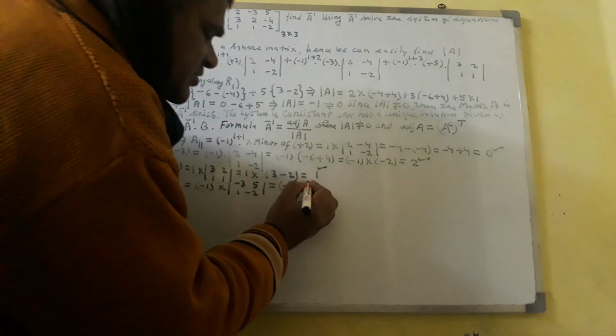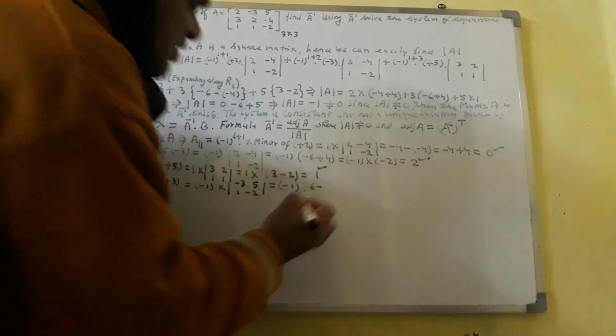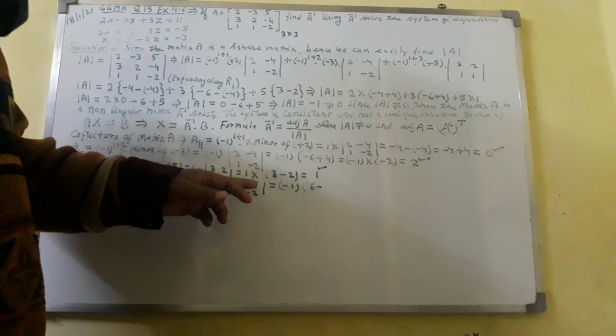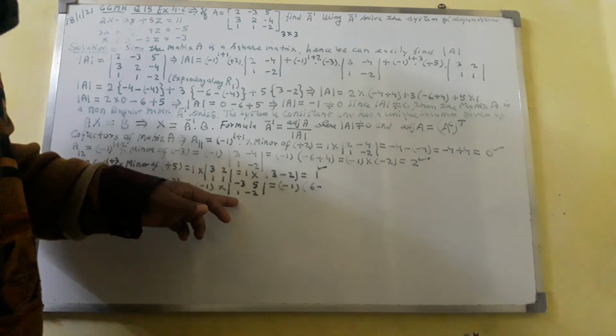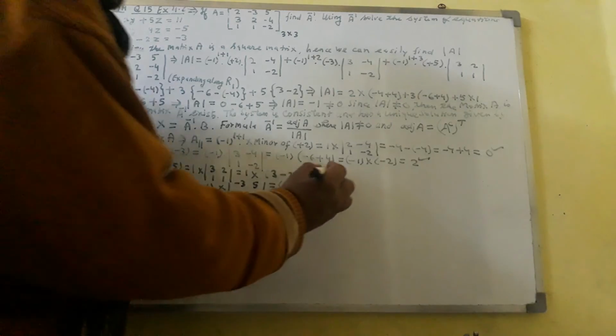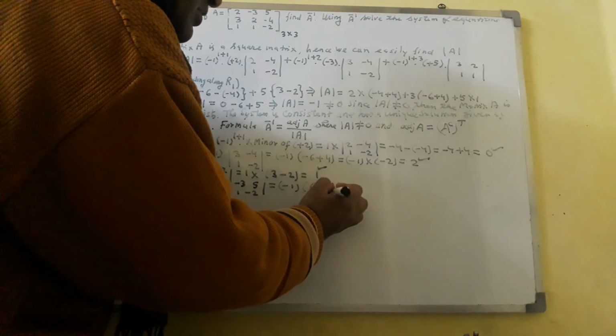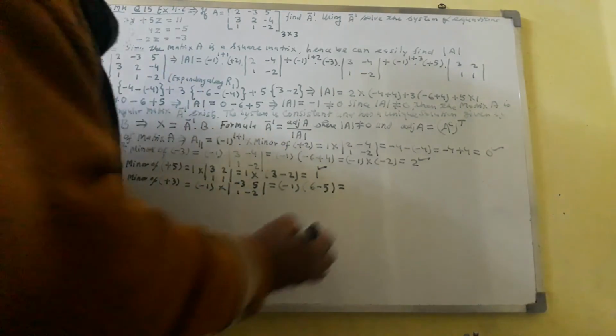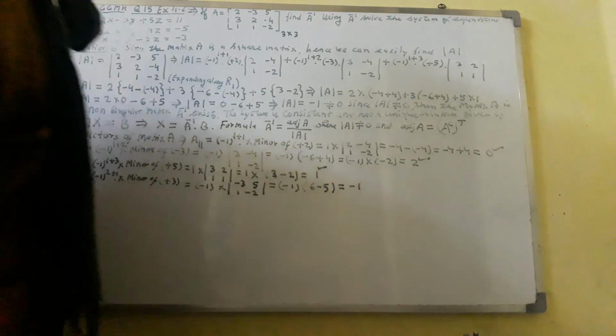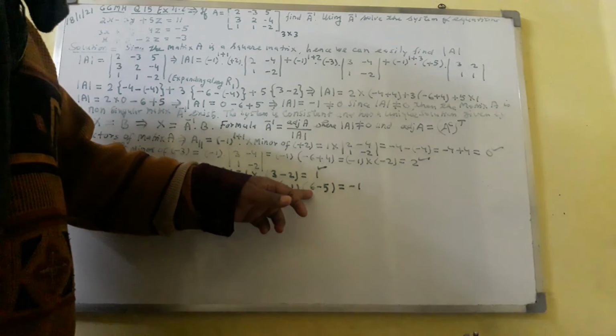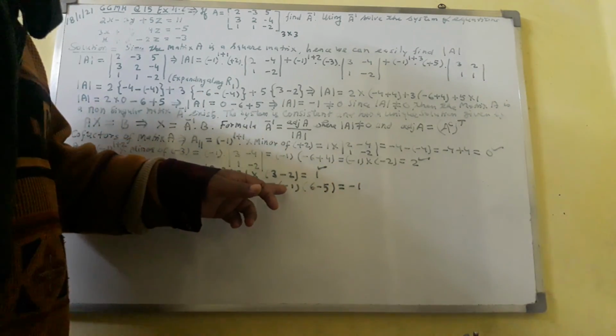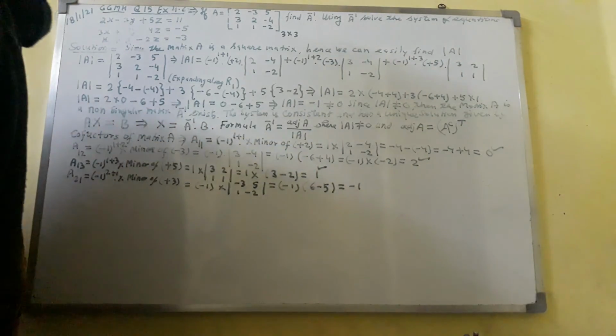So here I write 6 minus, and the elements of the reverse diagonal, 1 and 5, will multiply together. So here you get 5. So you will get 6 minus 5, 1. 1 will multiply by minus 1, you will get here minus 1.